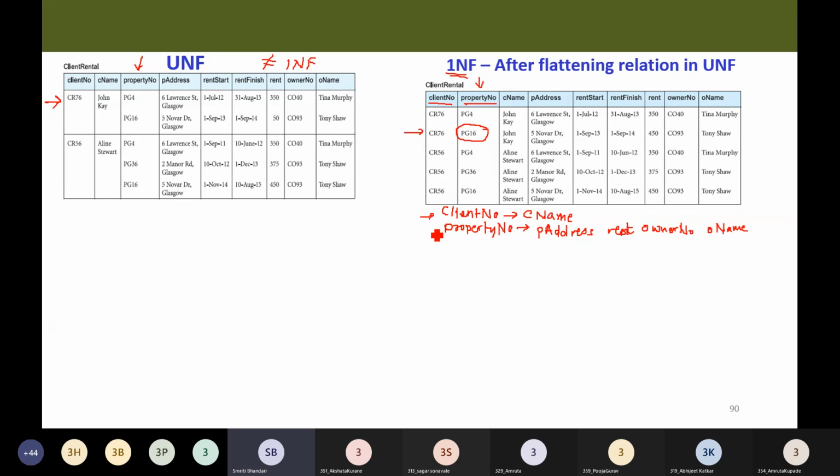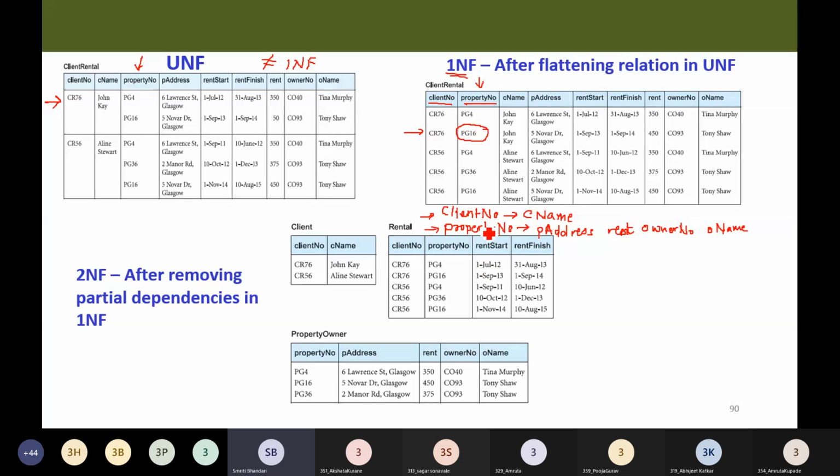And the rule says that whichever are the partial dependencies, simply form one separate table for that partial dependency. So after removing the partial dependencies, for this partial dependency client number, client name will be having a separate table.